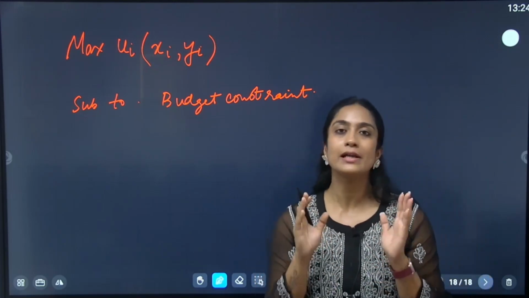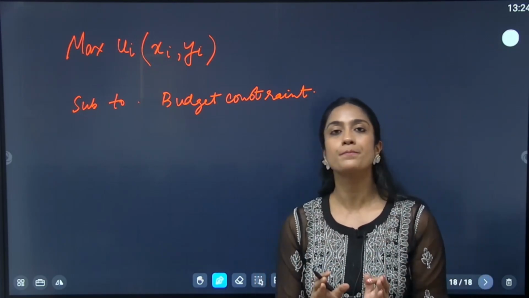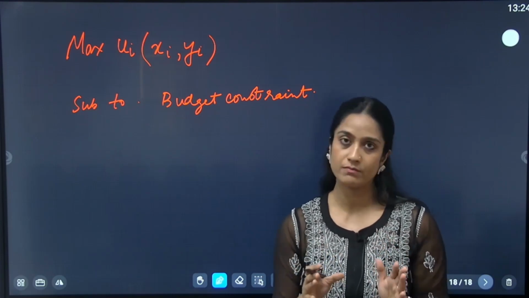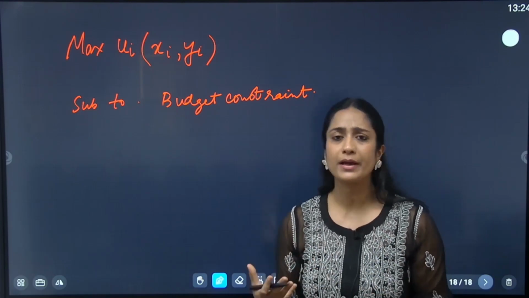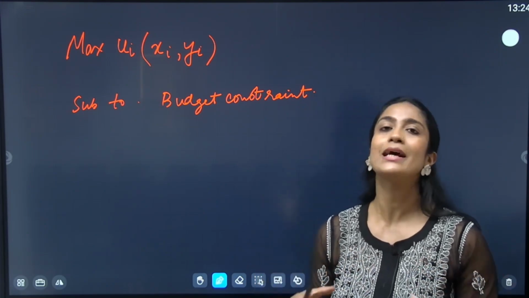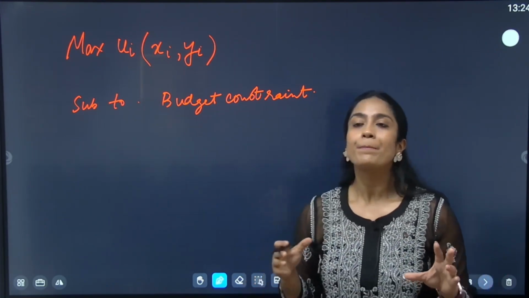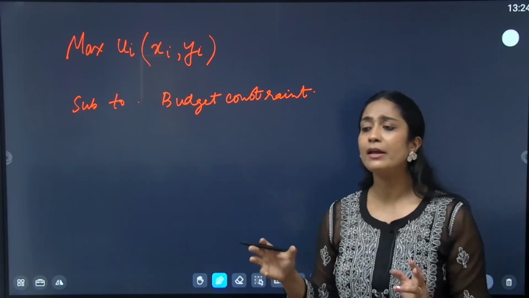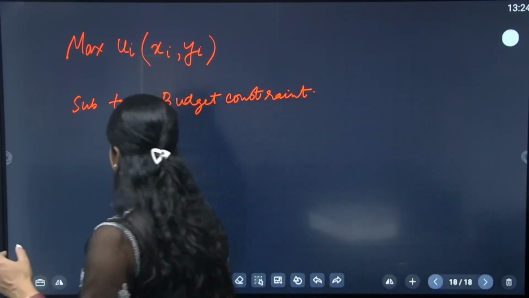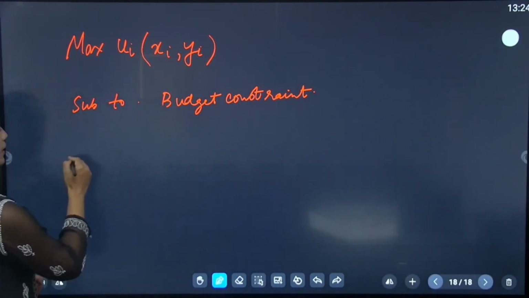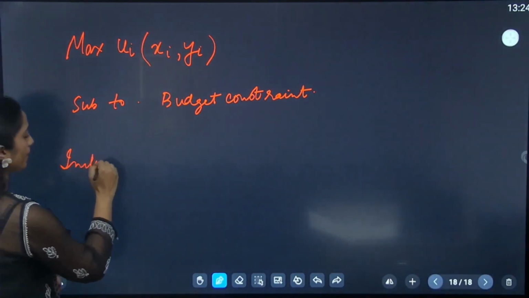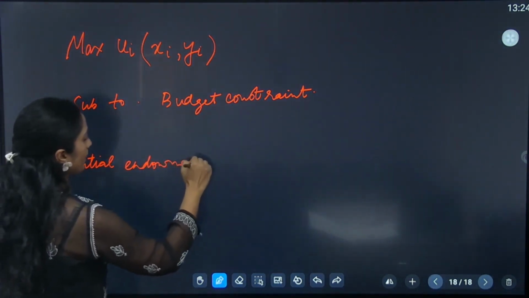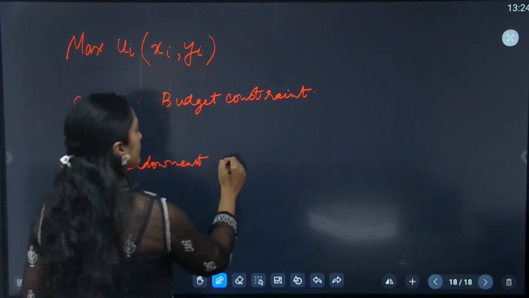Your initial endowment is your resource, is your budget constraint. ठीक है, जैसे हम बोलते हैं कि इनकम है, तो जो इनकम से हमारी इनकम है, that is our budget constraint. That is essentially what we are trying to say here. So again, the initial endowment for Rahul is what?